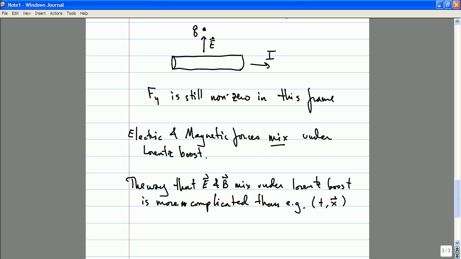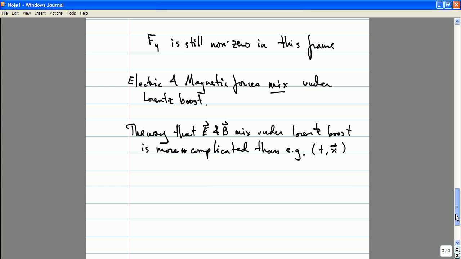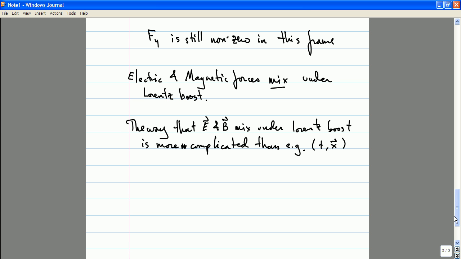So, in particular, let me just write down, without any proof or justification, the rule for how these quantities transform as one changes reference frames.